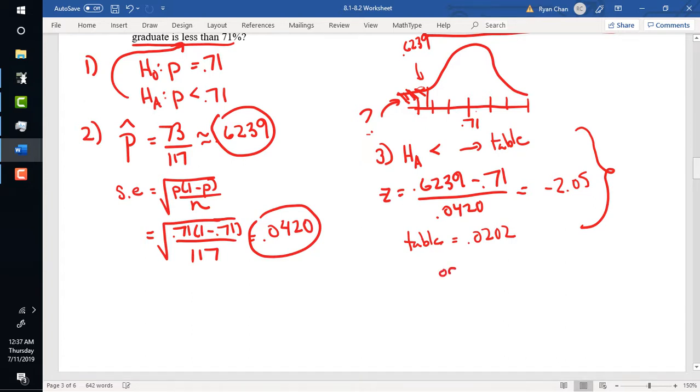Now if I look at the picture, and this is why you want to make sure you graph your picture, you want to see it goes from smallest to largest. So my smallest is negative 1 E99. My largest is 0.6239. My mean is 0.71, and my standard error is 0.0420.